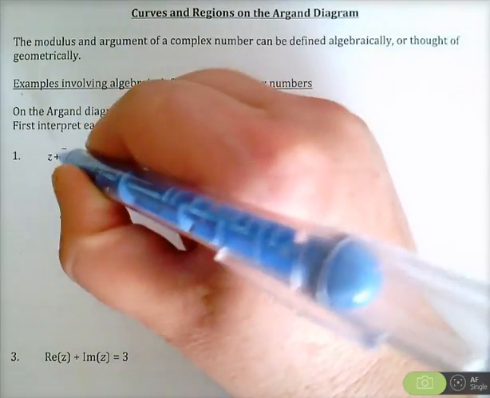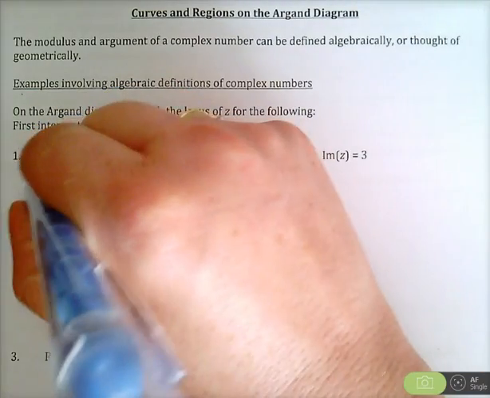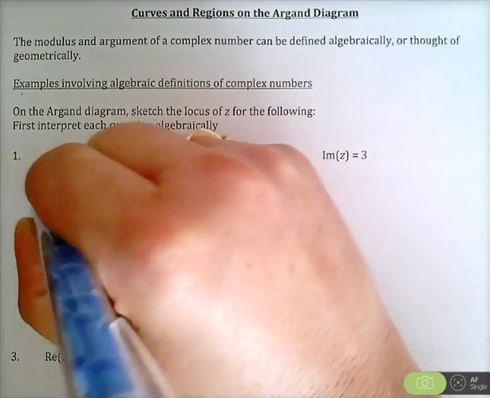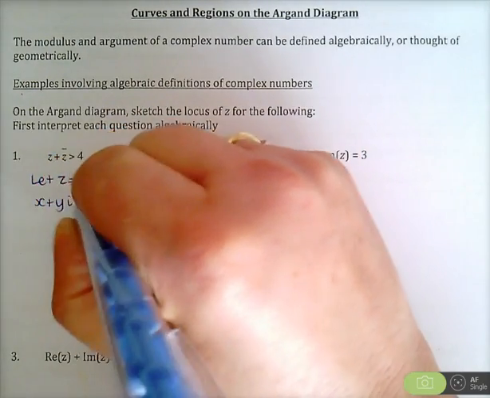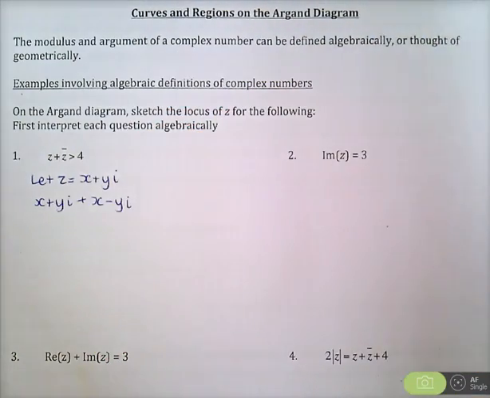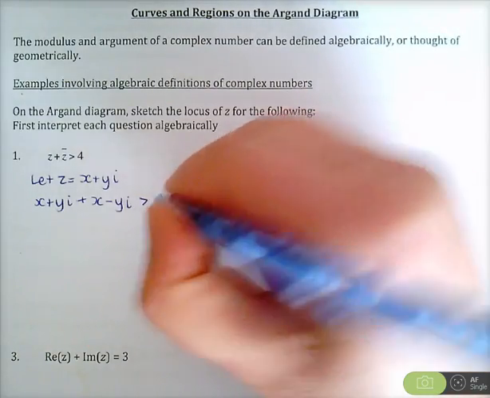Now, if we've got Z plus the conjugate of Z is greater than 4, we'll let Z equal x plus yi. And so therefore, we've got x plus yi plus x minus yi, so that is Z plus Z bar, or the conjugate of Z, is greater than 4.